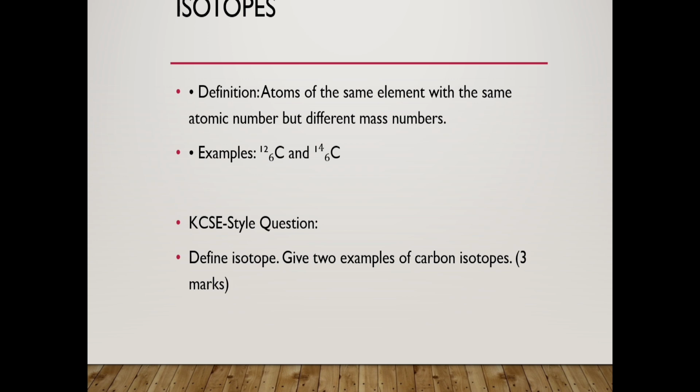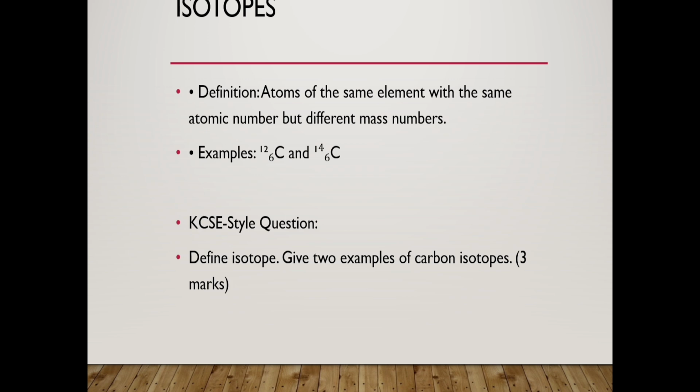Another way of defining it is this way. Isotopes are also atoms of the same element with the same protons but different neutrons. Because if the mass numbers are different, at the end of the day you'll find that the neutrons will also be different in those atoms. So let's take an example. For the first one, we have 12 as its mass number and 6 as its atomic number.